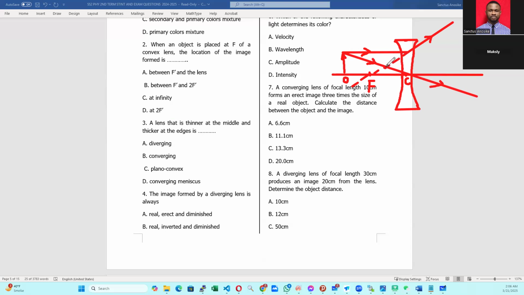So where these two rays meet is where the image is formed. So this is where the diminished image is formed. Irrespective of where the object is placed, even somewhere around here, you will still get the image diminished. And the image will always be formed between C and F. And then the human eye, anybody that is viewing it, will see a diminished image.